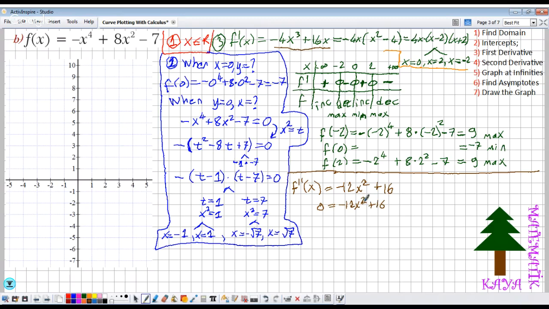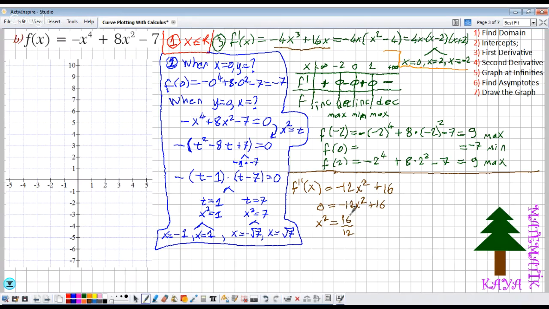Normally we try to factorize, but for this case we may use another method. Move minus 12x squared to the other side. It's going to be plus 12x squared, and 16 will remain, so x squared equals 16 over 12. I did two steps at once.